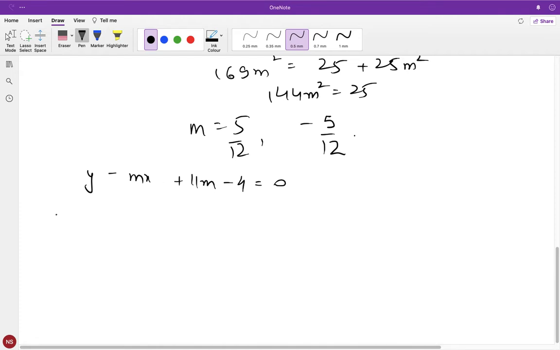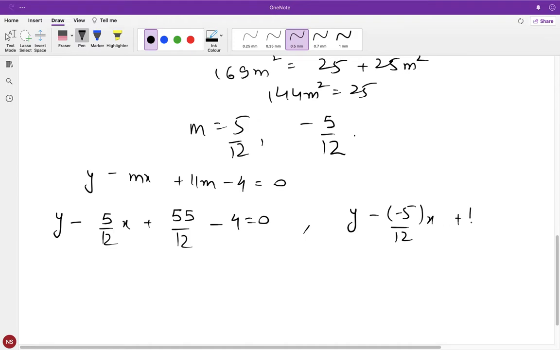So in the first equation I will put 5/12: 11 times 5 is 55/12, minus 4, is equal to 0. In the second I will put minus 5/12: y minus 5/12 x, 11 into minus 5 is minus 55/12, minus 4, is equal to 0.